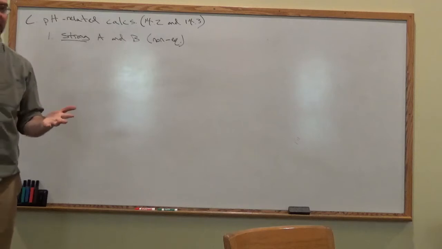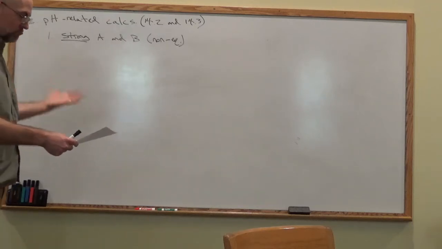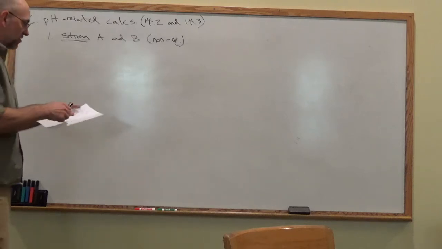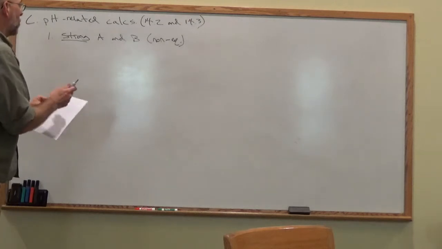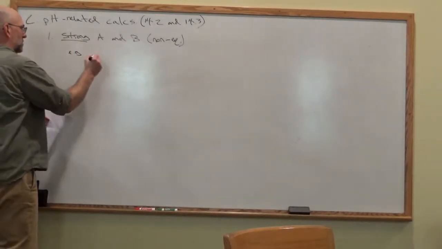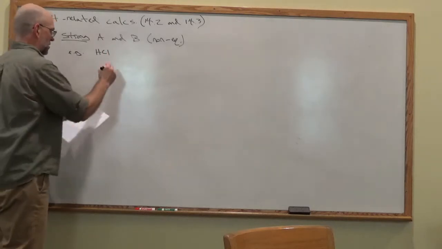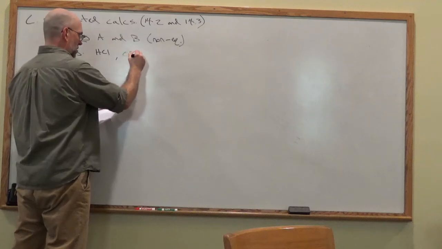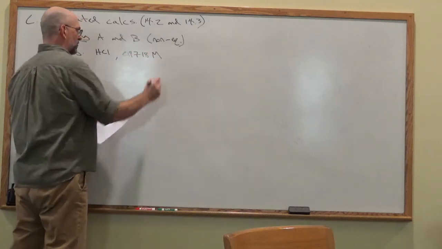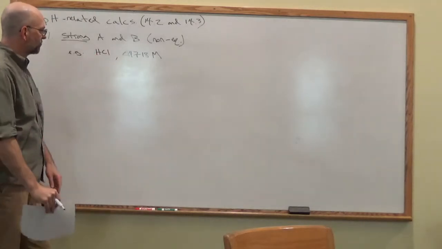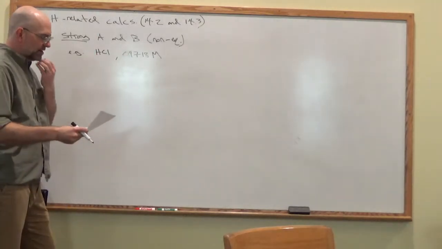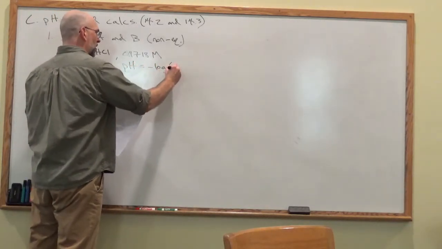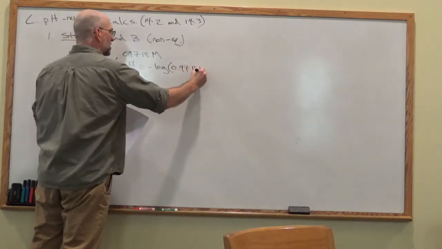For strong acids and strong bases, you don't have an equilibrium, so you don't have to do an ICE analysis or anything like this. For example, if you pick up a bottle of hydrochloric acid that says 0.9718 molar, the pH is going to be the negative log of 0.9718 molar.